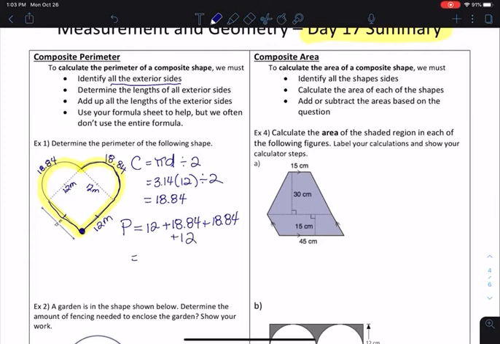I'll type all that into my calculator and I get 61.68. I want to round to 1 decimal place. Looking at the 8, which is greater than 5, this number goes up 1, so 61.7 meters is the perimeter of this shape.